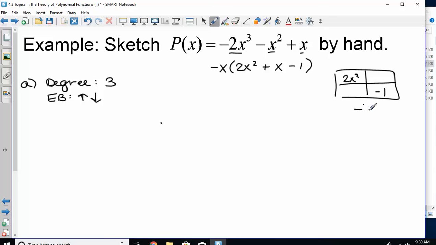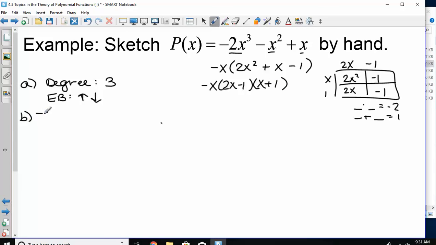So I need two things that multiply to -2 and add to +1. We want a +1, so let's do +2 and -1. So that factors into 2x minus 1 and x plus 1.